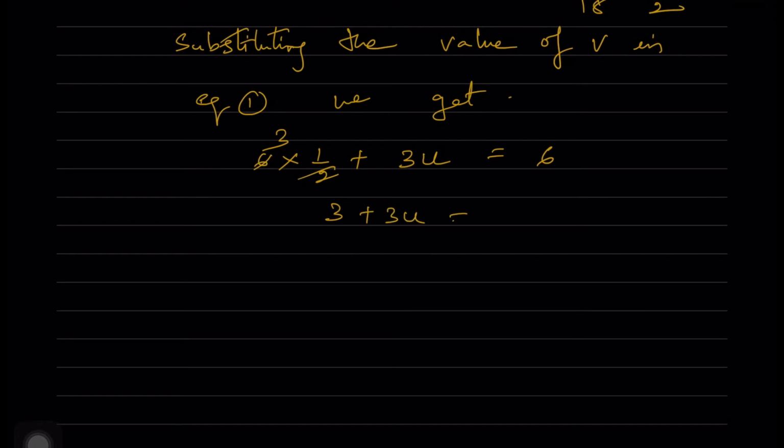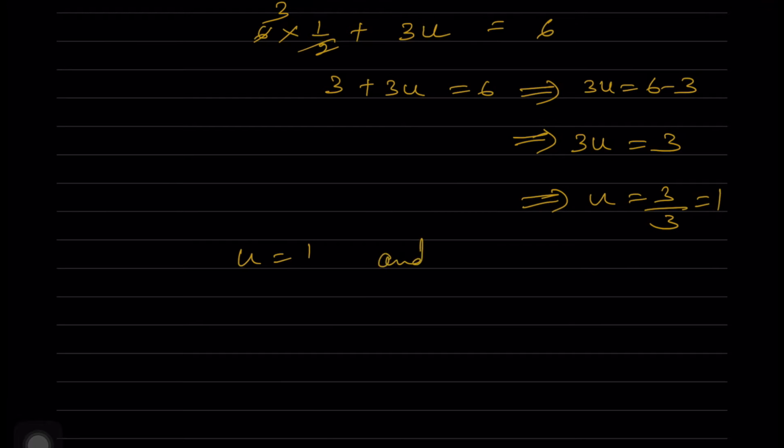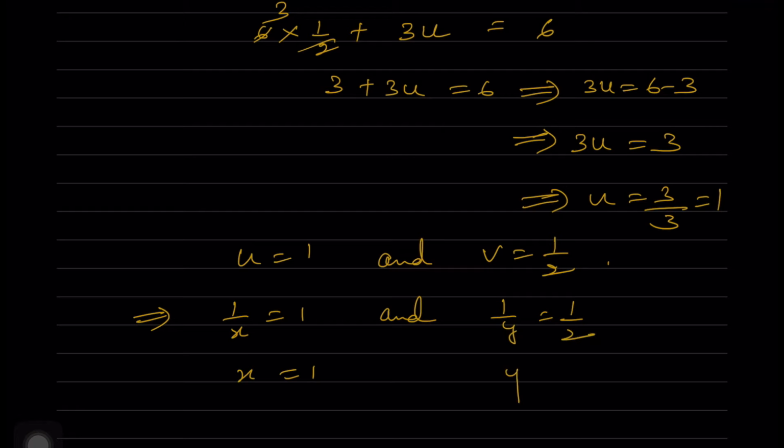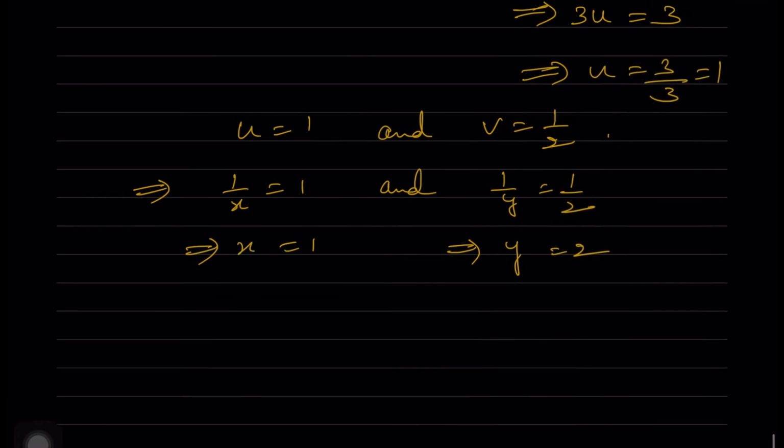So now we have the u value and v value, where u is equal to 1 and v is equal to 1 by 2. So 1 by x is equal to 1 and 1 by y is equal to 1 by 2. So x is equal to 1 and y is equal to 2 is the solution of the given pair of linear equations.